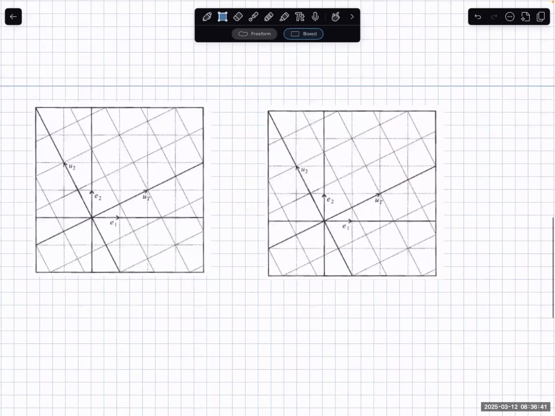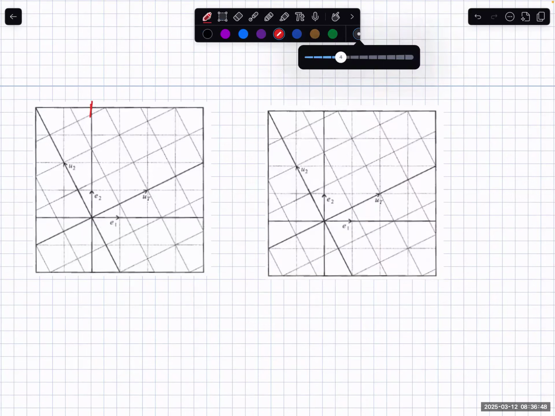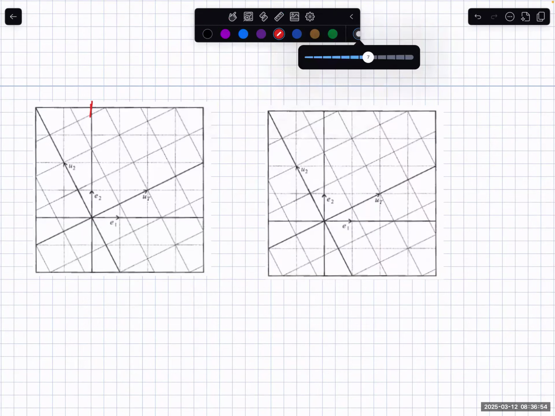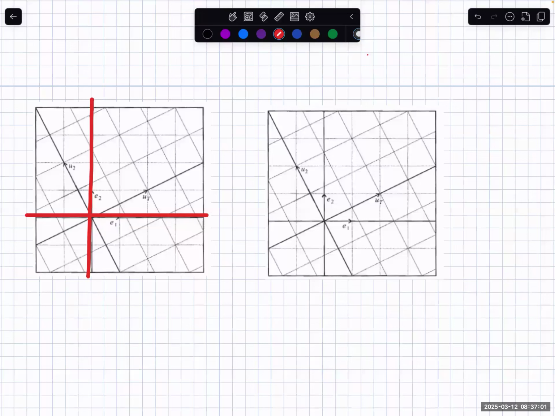So what I want you to see here is we've got the normal XY coordinate system. So here's regular XY.